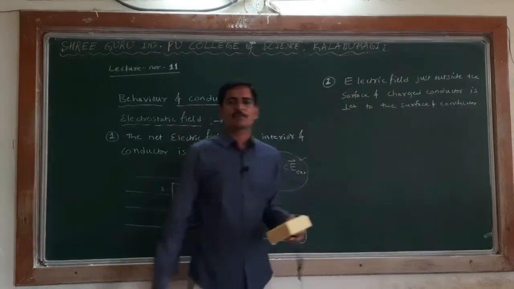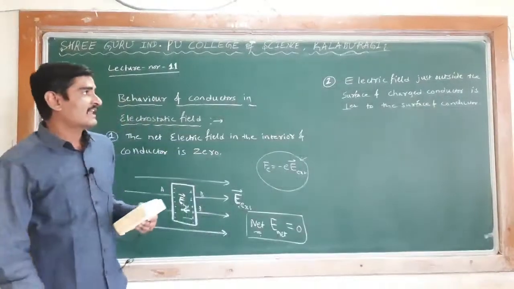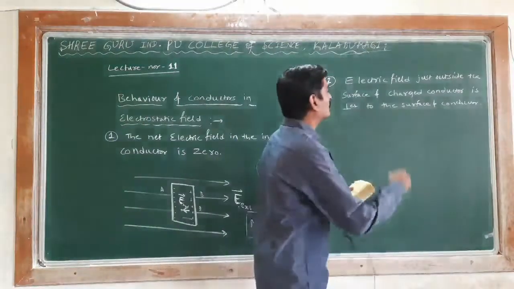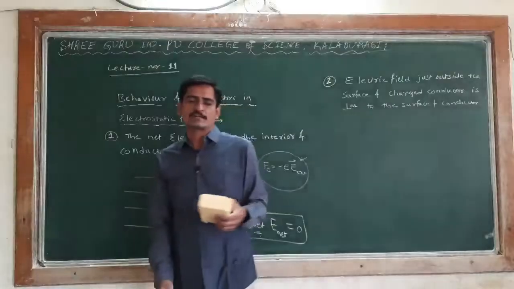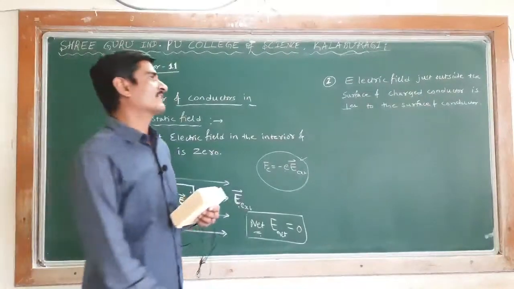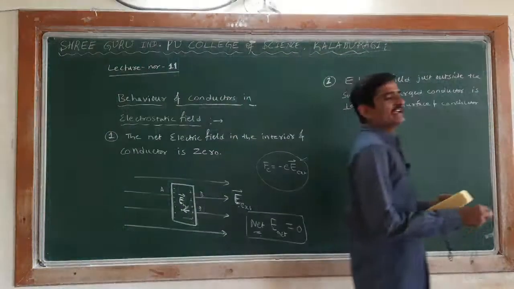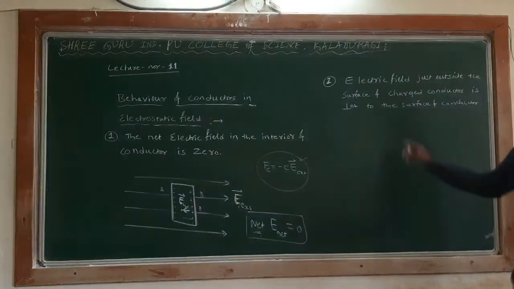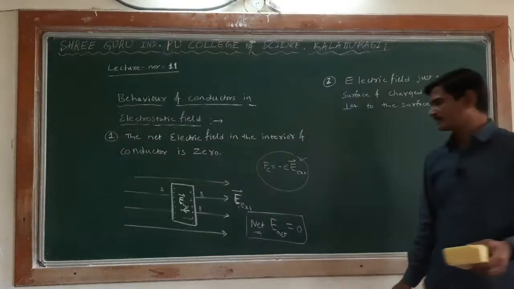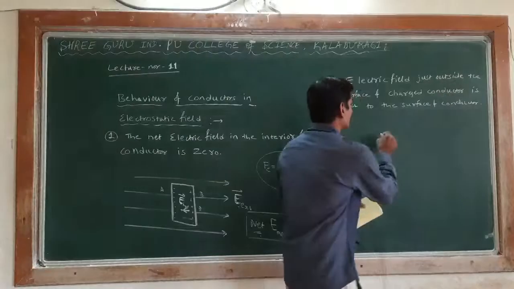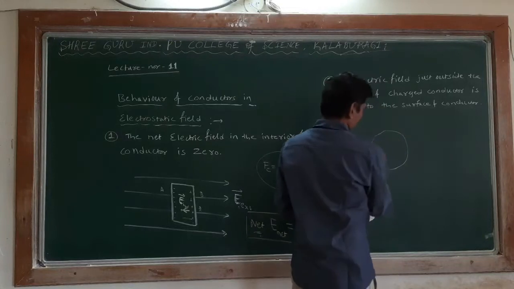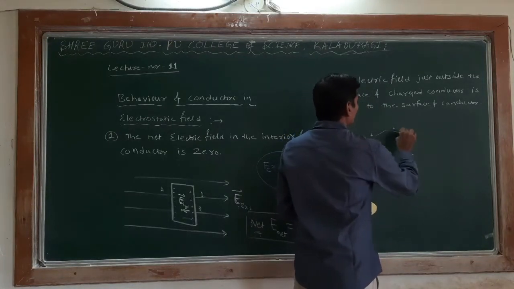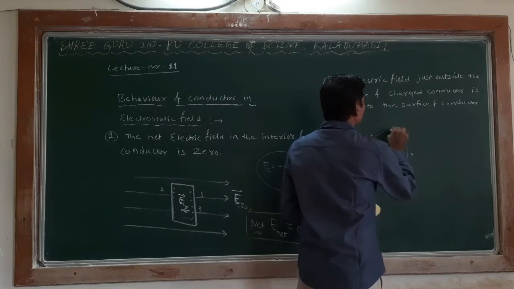Understand this point? Second point, electric field just outside the surface of a charged conductor is normal to the surface of the conductor. So, if there is a charged conductor, then the electric field will be normal to the surface.